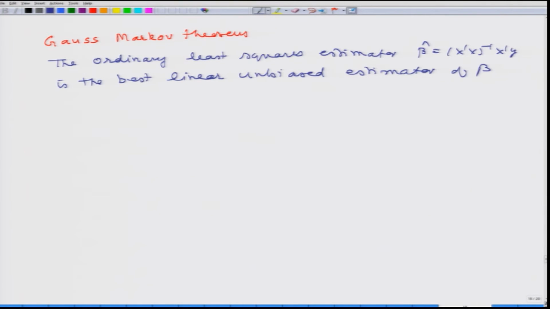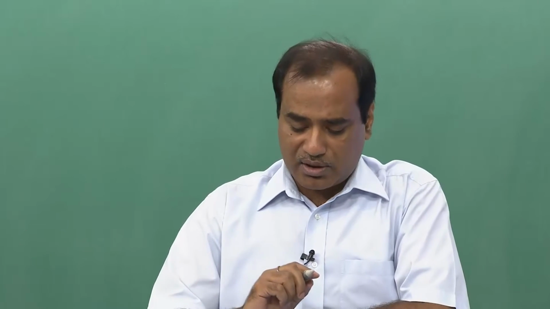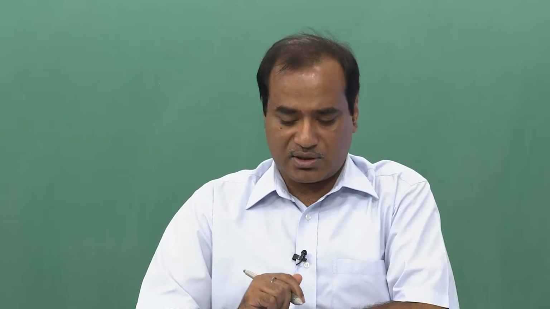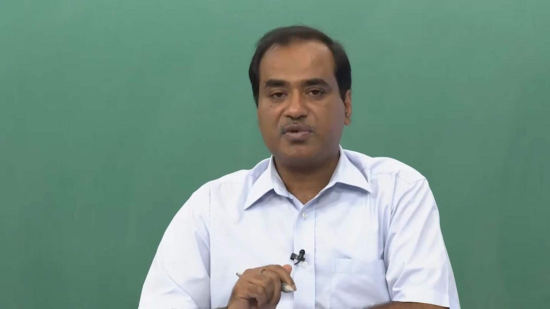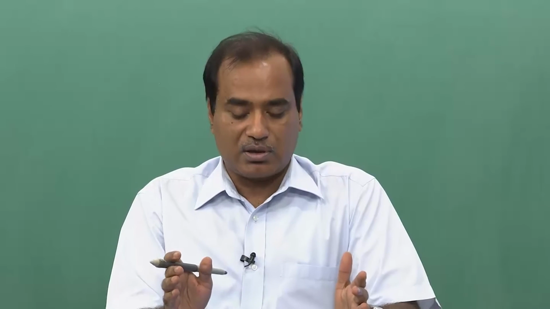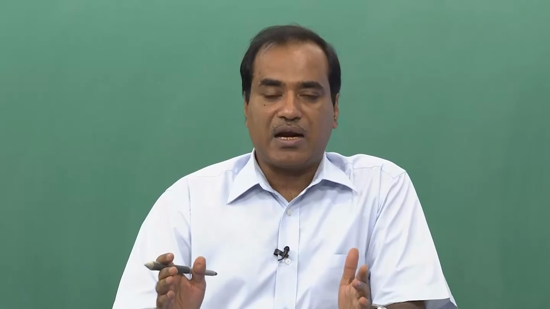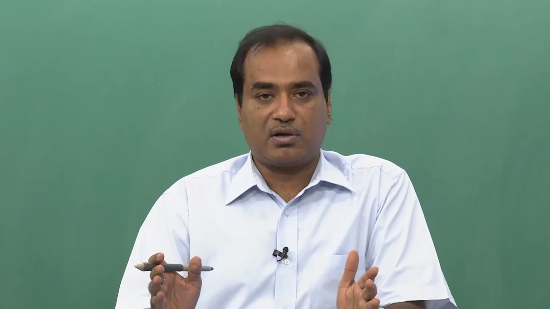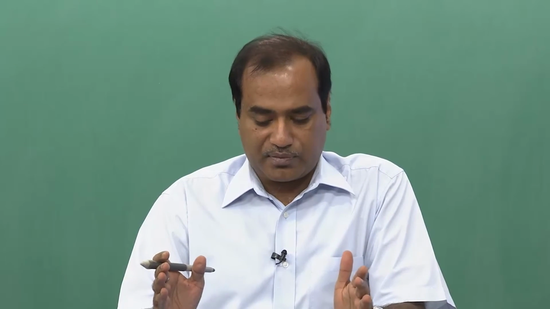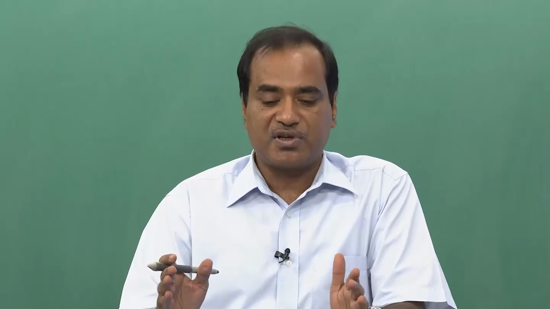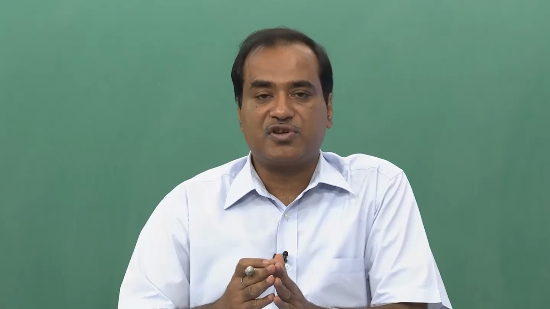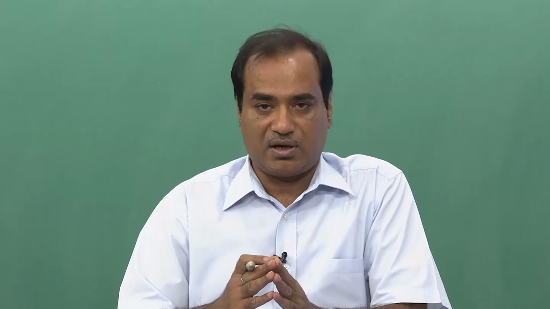Well, we are skipping the proof of this theorem, but we would like to explain what this theorem is trying to say. This theorem is trying to say that if we have a parameter beta, and suppose there is more than one estimator available for estimating beta. Out of those estimators, first we try to identify which of them are linear estimators, and from the class of those linear estimators, then we try to identify which of the estimators are unbiased estimators of beta.